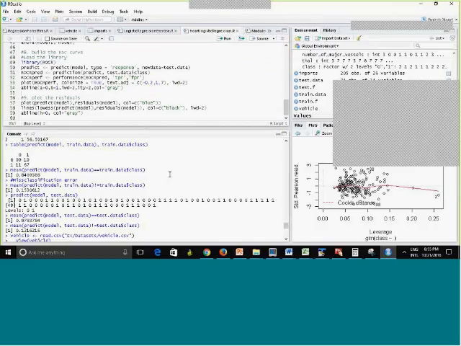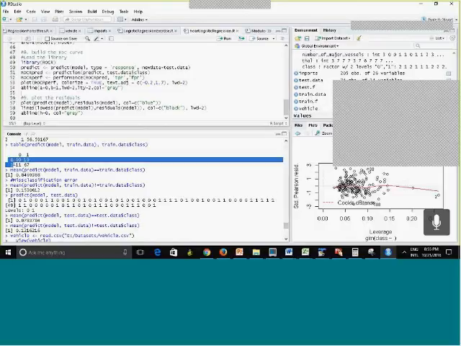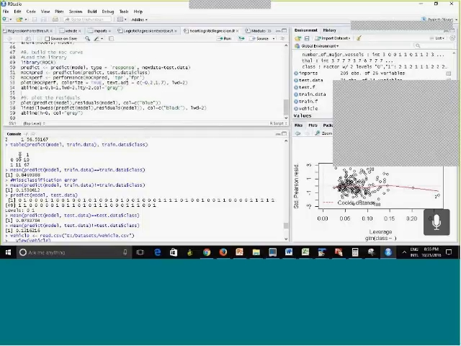And the intersection right here tells me that I predicted that 99 people don't have a heart attack, and in fact, 99 people don't have a heart attack. Here, I predicted that 67 people have a heart attack, and 67 people actually have a heart attack, right?